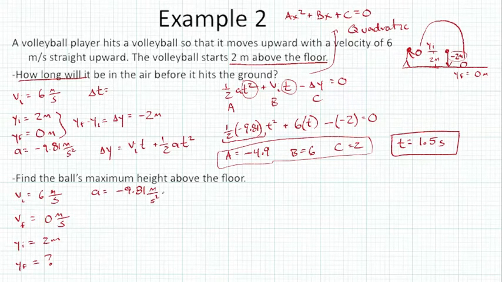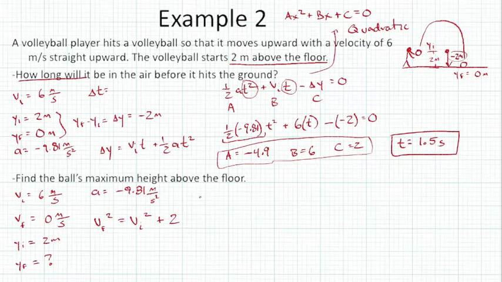So we have our initial velocity, our final velocity, part of our displacement, and we have our acceleration as well. So the equation that works best for this is going to be our final velocity squared equals initial velocity squared plus 2 times a times, actually I should call that times g.